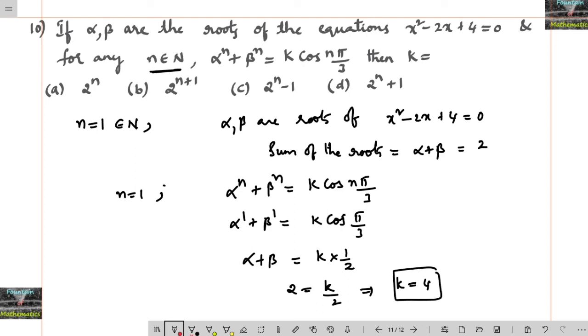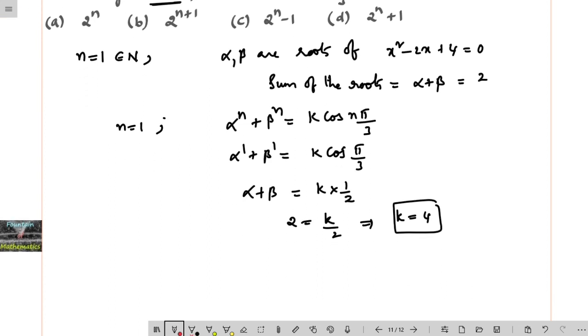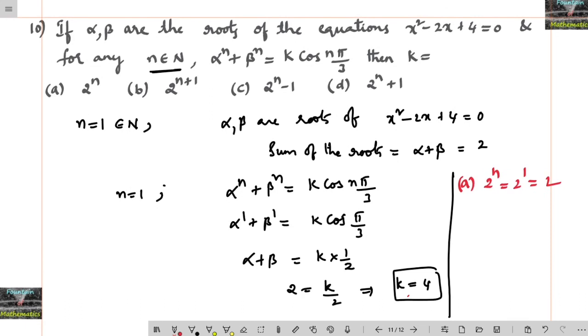And if we go with option verification, first option A: 2 to the power of n, as n is equal to 1, that is 2 power 1, 2. No. As k cannot be 2, the first option fails. Second option, 2 to the power of n plus 1, that is 2 to the power of 1 plus 1, that is 2 square, 4. Yes, it is satisfying.